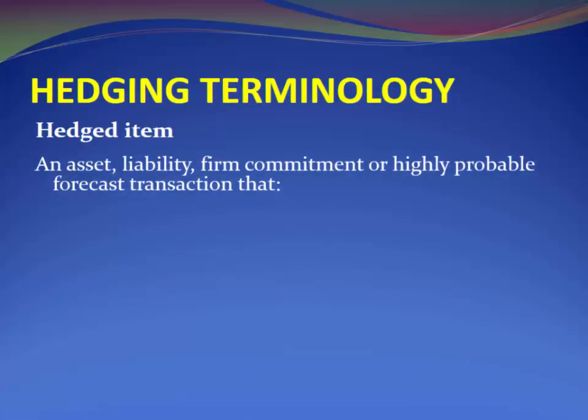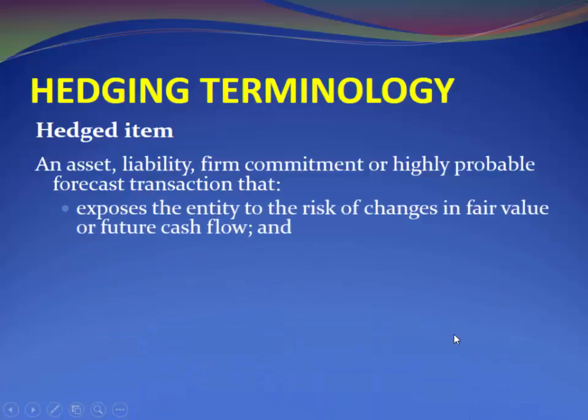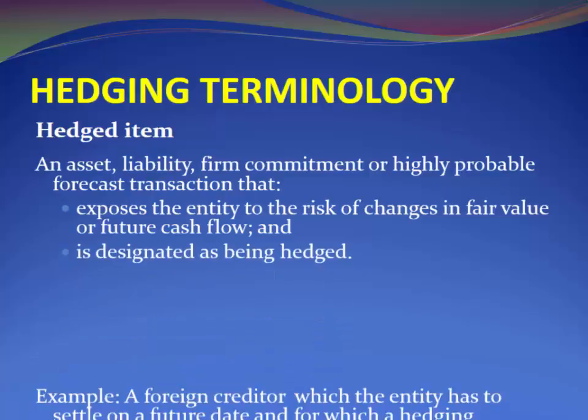A hedged item is an asset, a liability, a firm commitment, or a highly probable forecast transaction that exposes the entity to the risks of changes in fair value or future cash flow, and it is designated as being a hedge.